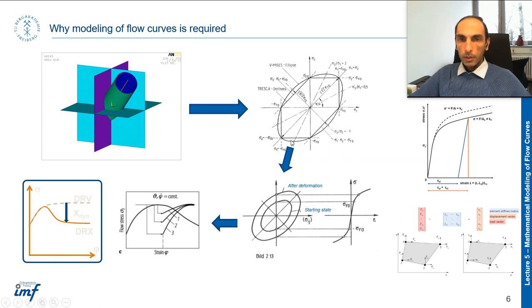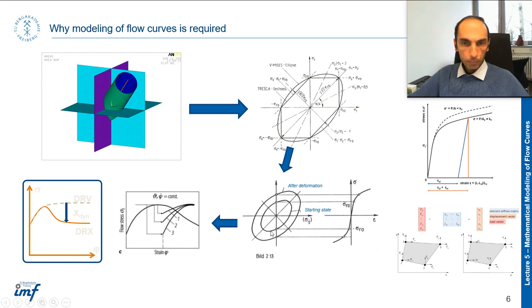And you know that we have different kinds of criteria like the Tresca and von Mises. We talked about it before. Any kind of criterion you're using, when you are inside this hexagonal or inside the locus, then you are in elastic area, and outside the plastic deformation starts.